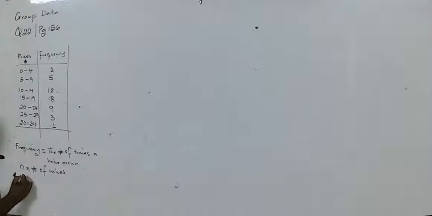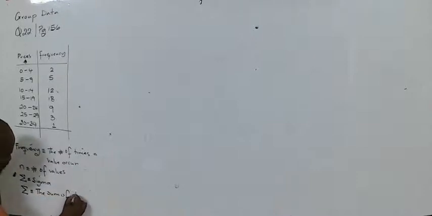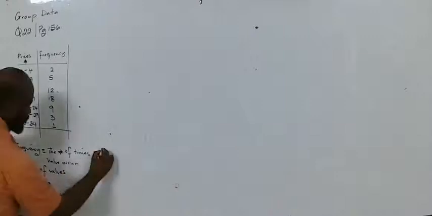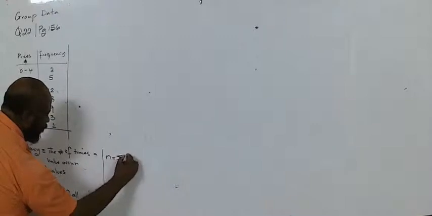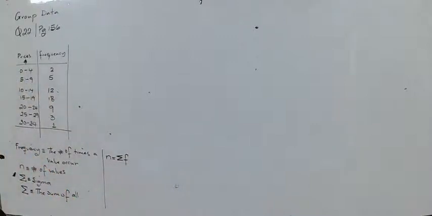I would like you to know that this symbol here is sigma, and that sigma stands for the sum of all. So, one of the first things I'd like you to know is that N is equal to the sum of the frequency.